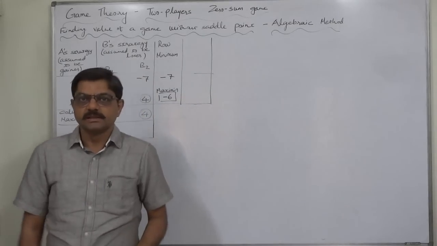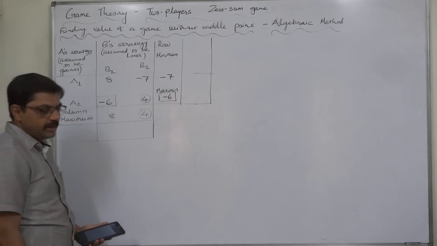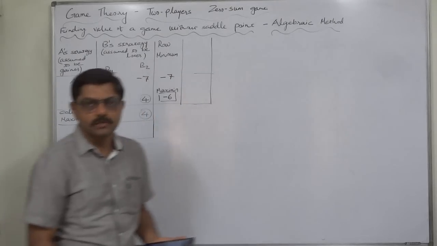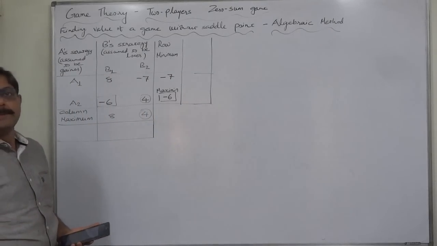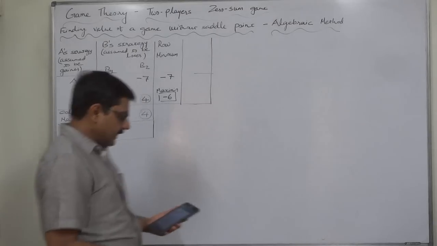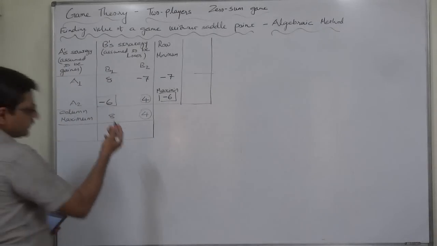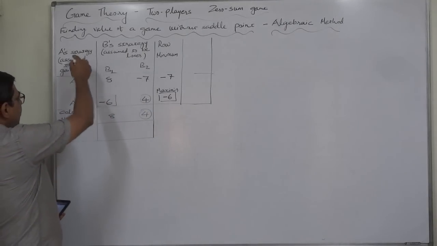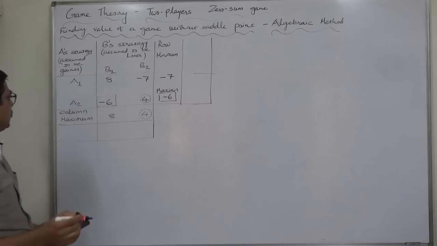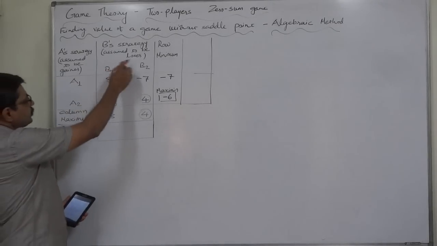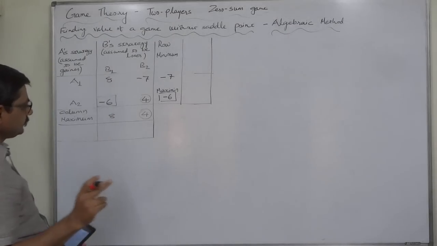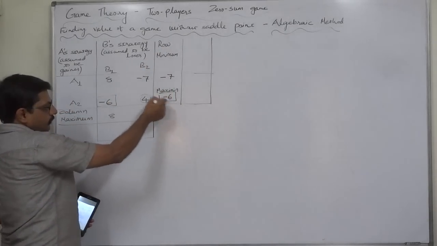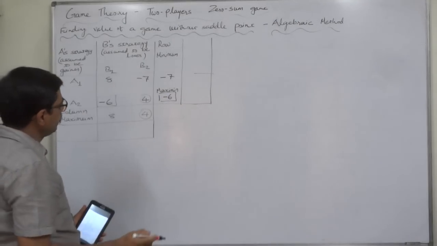The main point is, when there is no saddle point in a game, the players need to use mixed strategies. As we are aware, this is the game, A is to be assumed a gainer, B a loser, and this is row minimum, from which we have already selected the Maximin value -6.